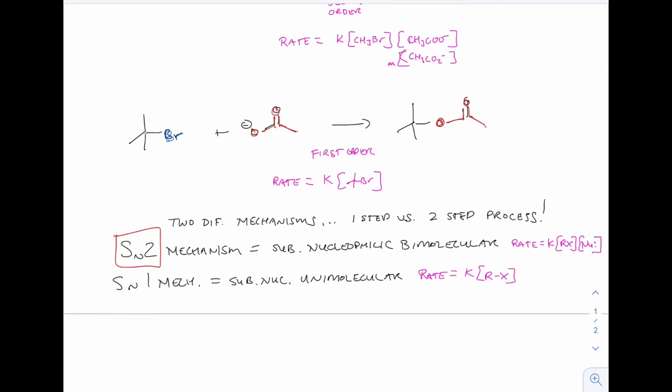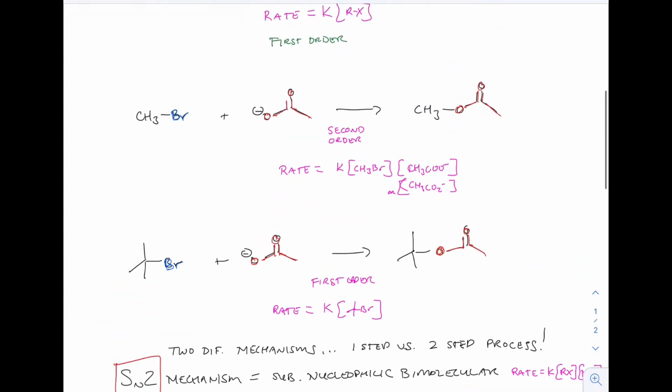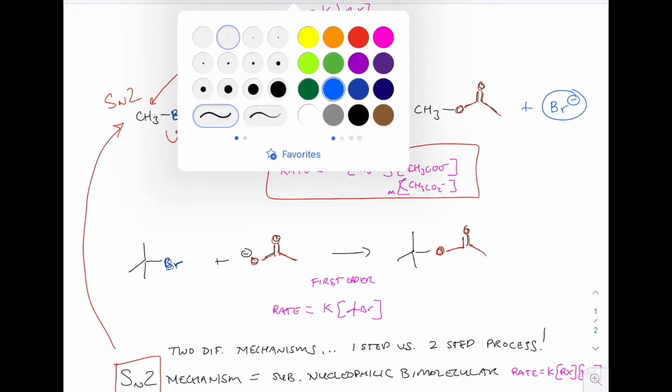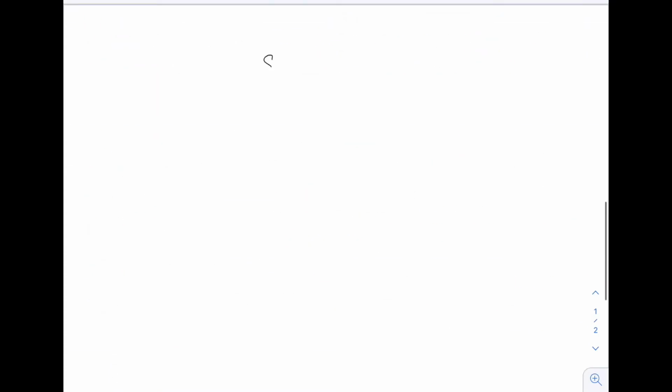So this SN2 mechanism corresponds to this top reaction right here, okay? Because the rate was dependent on both the alkyl halide as well as the nucleophile, and it was second order, okay? So here's the mechanism. We have the nucleophile attack, and then the bromide leaves, and that gives us our product, and we get bromide as a byproduct on the other side, right?